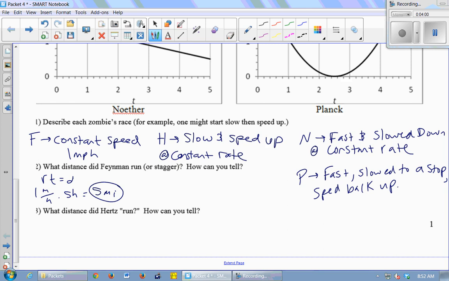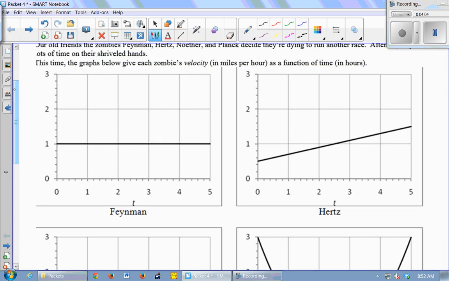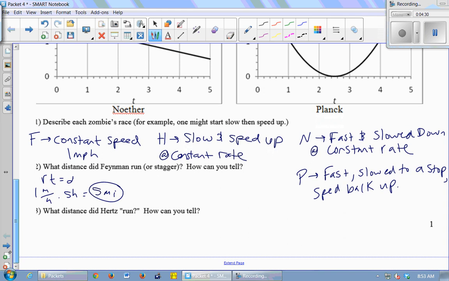But with Hertz, his rate is changing over the 5 hours. So we can't use RT equals D because what would we plug in for R? Yeah, an average speed? Okay, that would work. What's his average speed? 1, yeah, because before 2.5 hours, he's going a little slower. After 2.5 hours, he's going a little faster than 1 mile per hour. We could say that Hertz is traveling at an average 1 mile per hour.